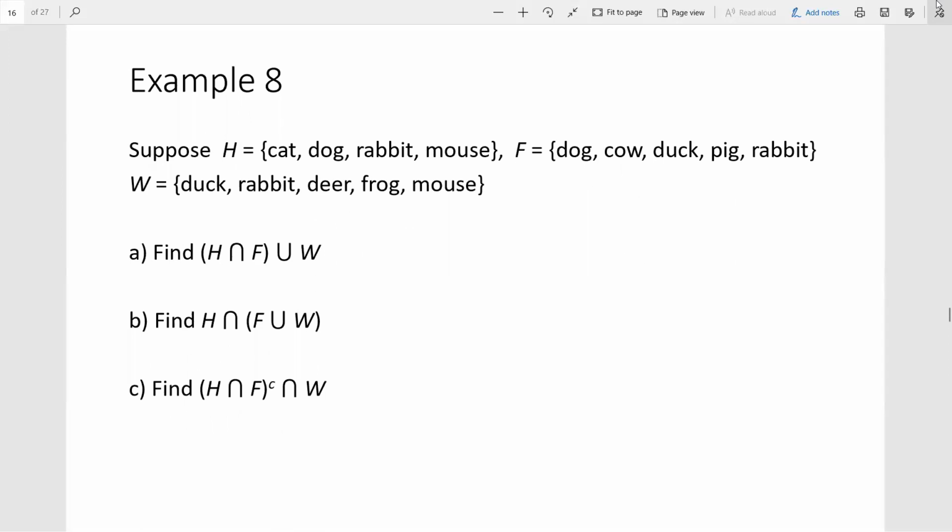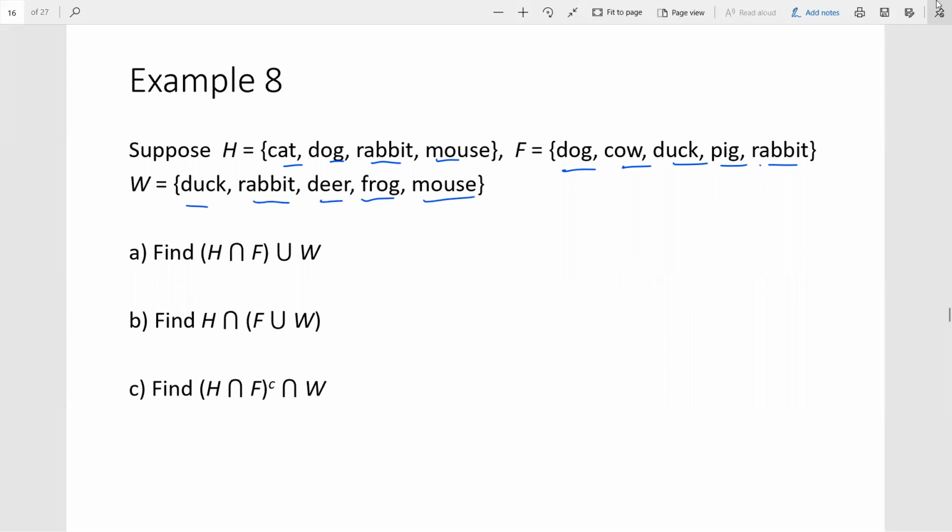Okay, another example. Suppose H is the set cat, dog, rabbit, mouse. Set F is dog, cow, duck, pig, rabbit. And set W is duck, rabbit, deer, frog, and mouse.